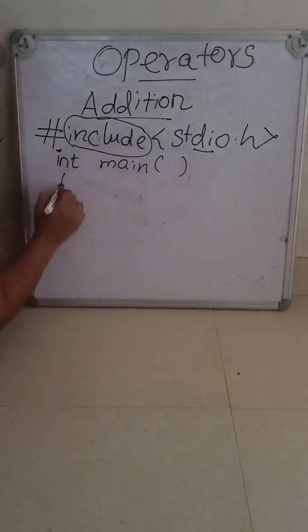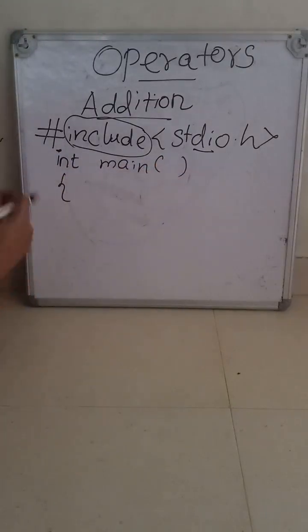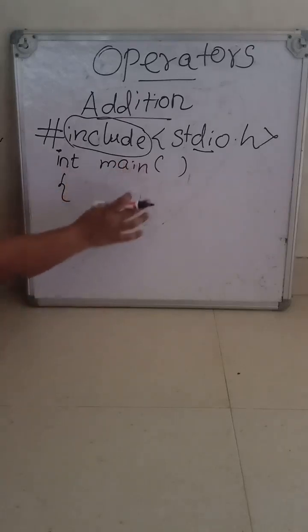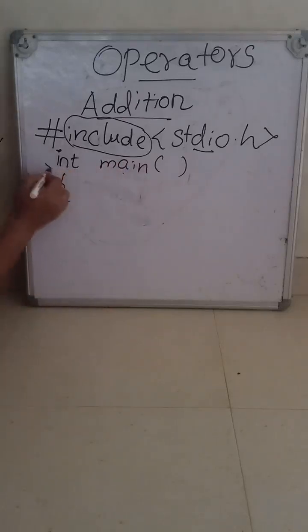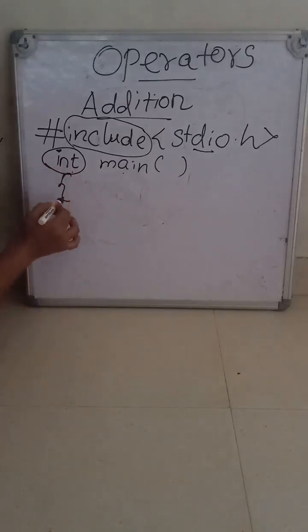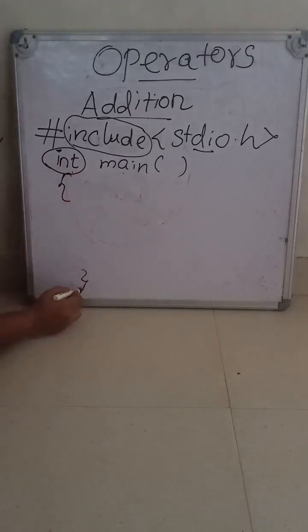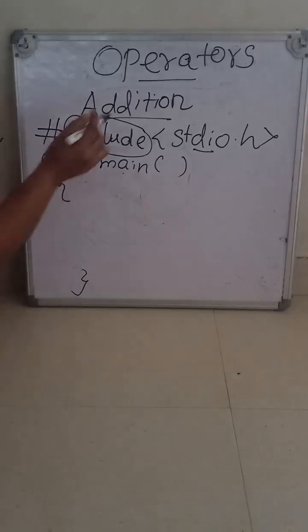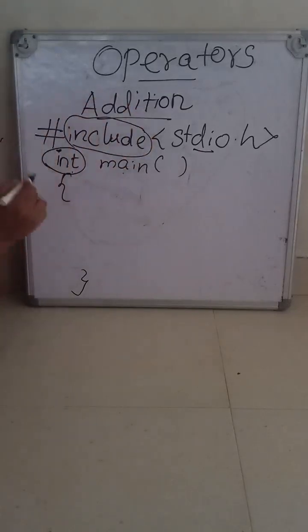Whatever program I am going to write or you are going to write must be inside a main function, which can be of any data type. Here I am using the integer data type. If I open the curly brace here, I have to close the curly brace, right? After that, the new thing is the addition operation.